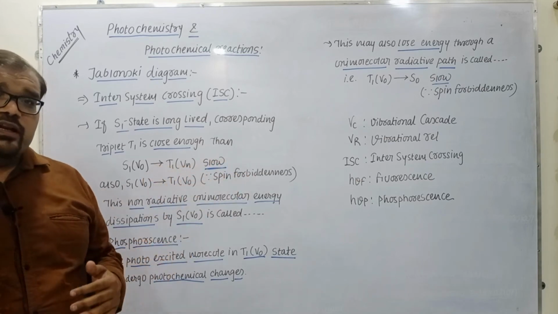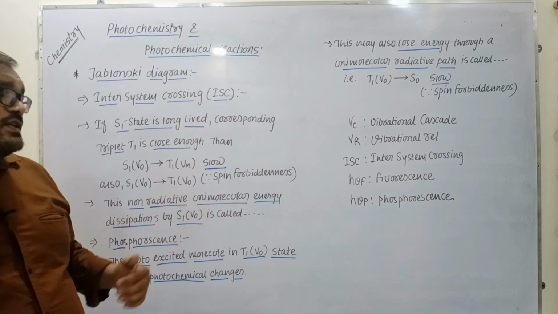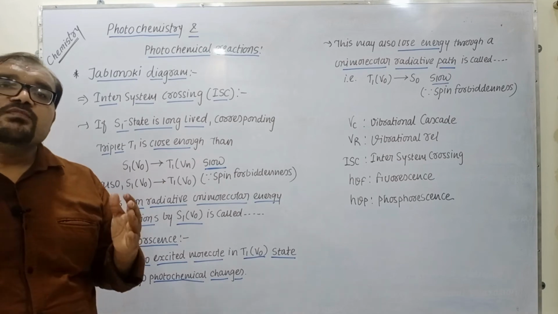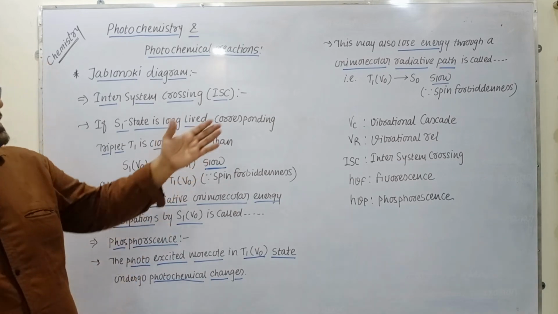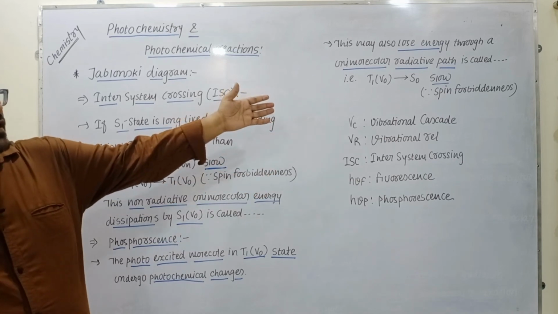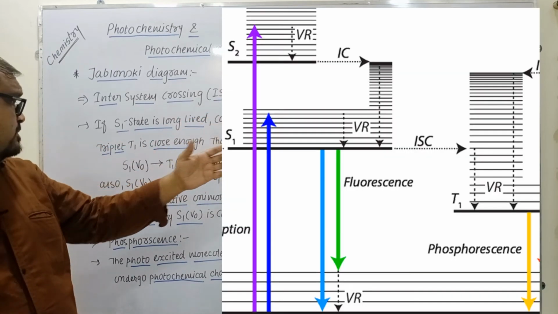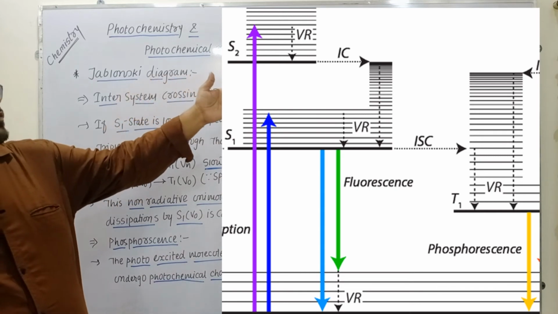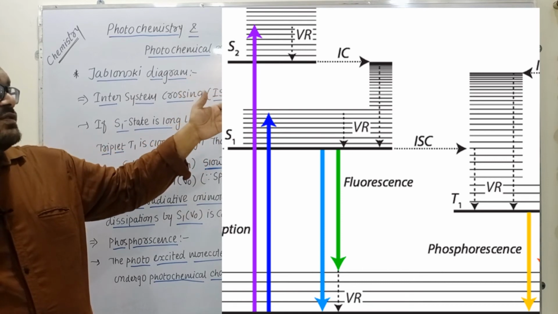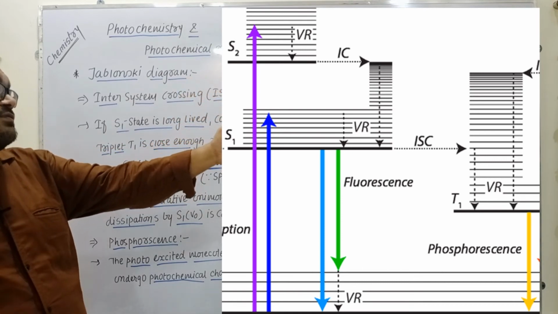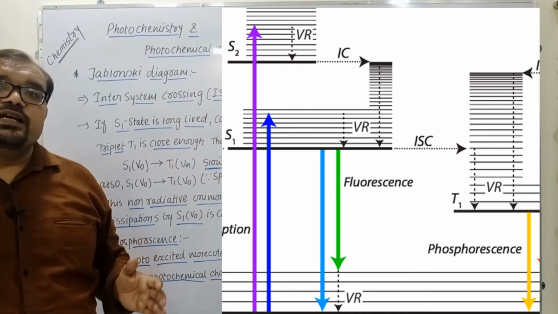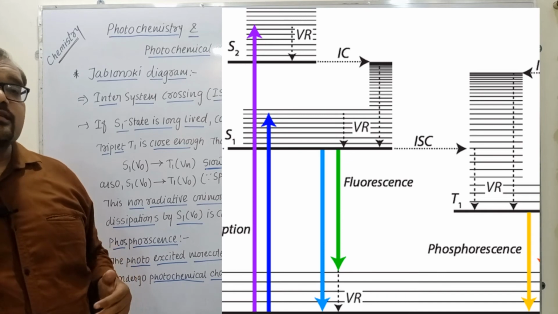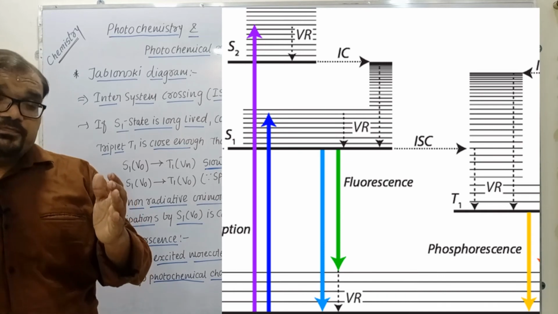So this non-radiative unimolecular energy dissipation from the S1V0 state is known as intersystem crossing, as we can also see from the chart: the transition of an electron from either S1V0 to T1Vn or S1V0 to T1V0, right, is known as intersystem crossing. And the next and last important terminology is phosphorescence.